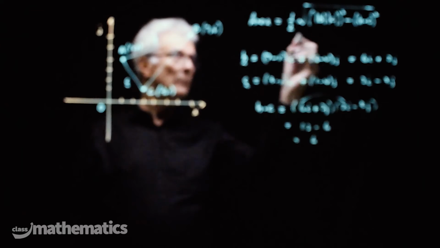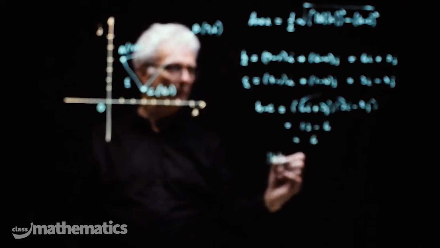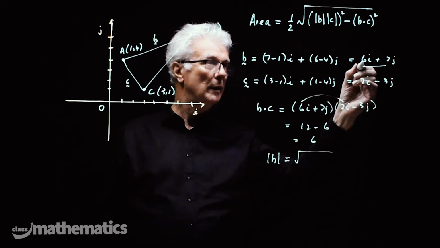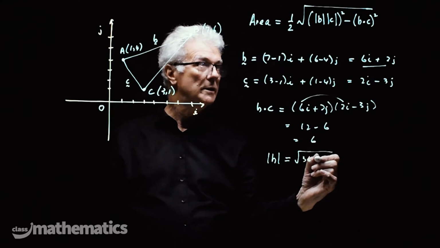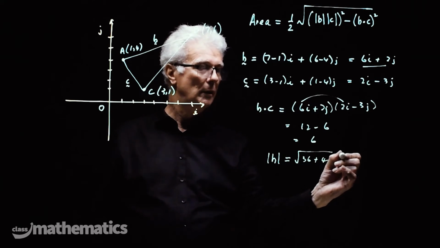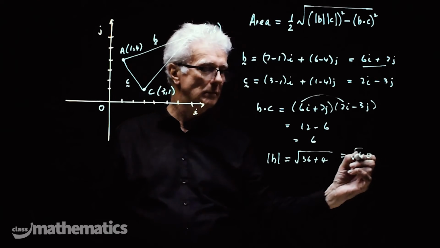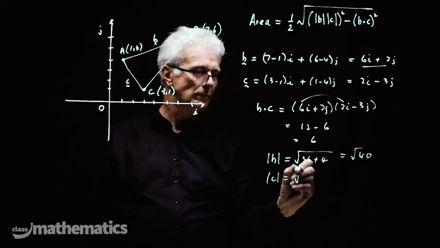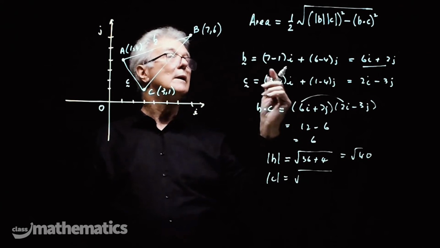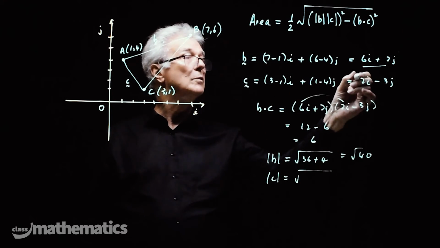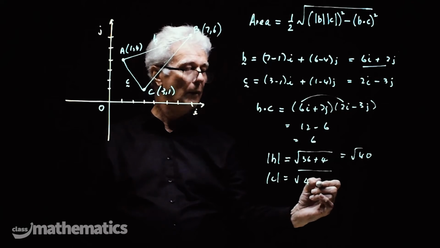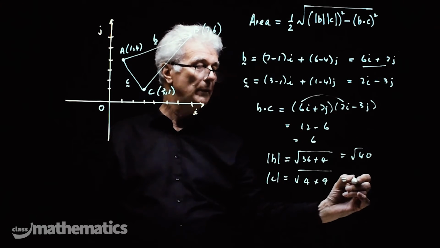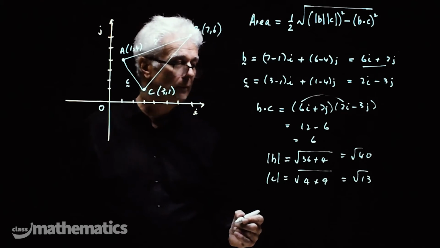Now to get the modulus of b is simply going to be square root of 36 plus 4, which is square root of 40. The modulus of c, or the magnitude of c, is equal to this one squared, which is 4, plus this one squared, 9. That's going to give me the square root of 13.